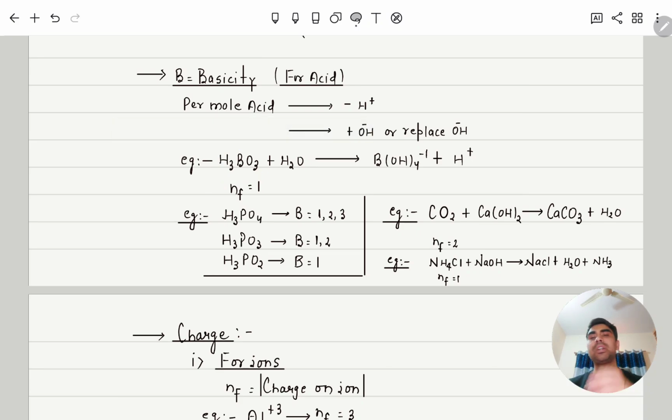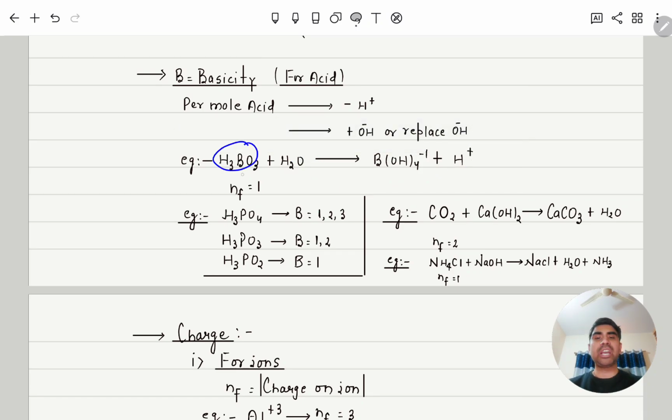H3BO3, boric acid, cannot release H plus, but due to the presence of water, since it is a Lewis acid and water can behave as a Lewis base, it is giving its lone pair to boron.